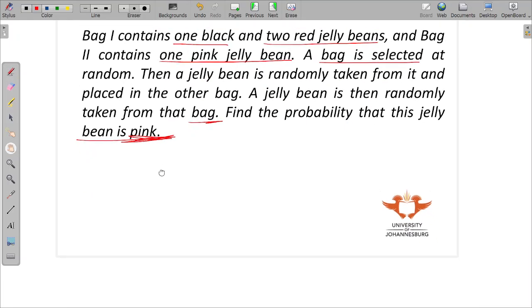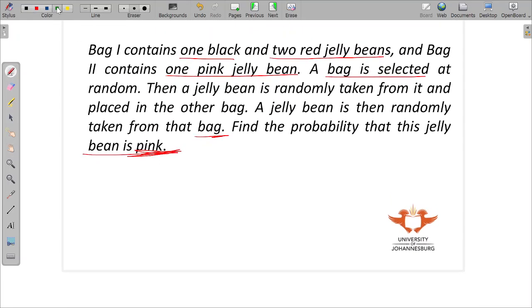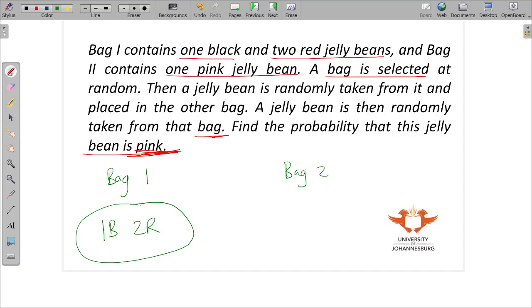But in looking for pink, there are 2 bags. Bag number 1 has 1 black and 2 red. Bag number 2 has 1 pink.